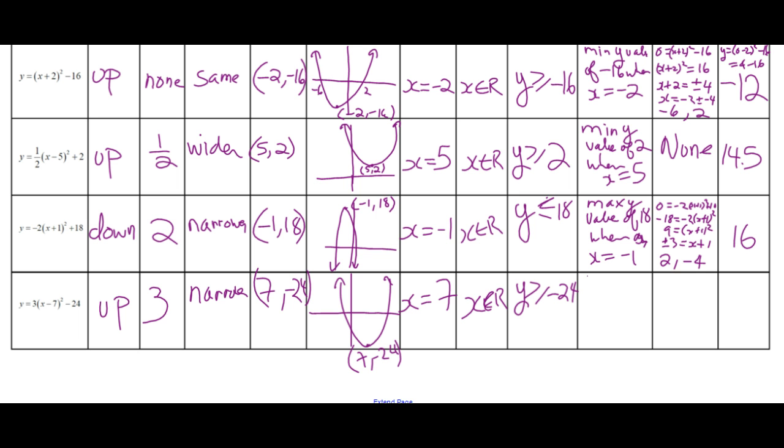Minimum. I wrote it differently this time. Y equals -24 when x equals 7. Y-intercept, that's got to be easier. 147 minus 24, right? 123. X-intercept. 7 minus 8.